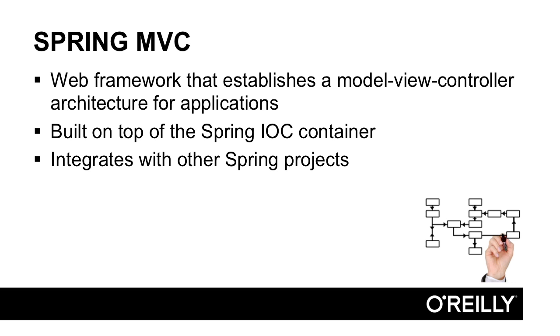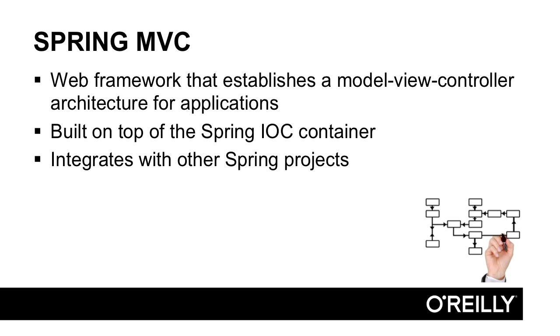Another great characteristic of the Spring MVC framework is that it's built upon the Spring IOC container. Spring MVC has a dependency upon Spring Core. And we know that the Spring Core and the Spring IOC container allow us to perform dependency injection. Since Spring MVC is a Spring project, it integrates very well with other Spring projects.